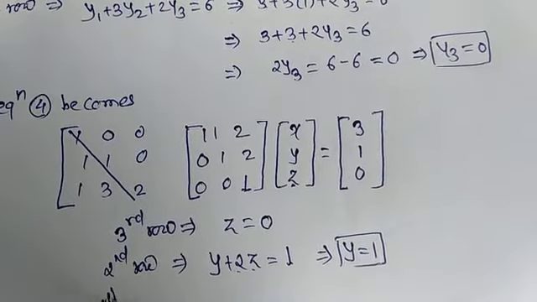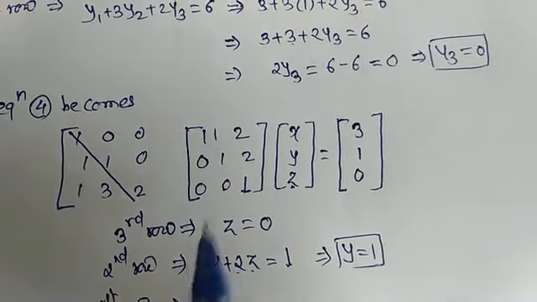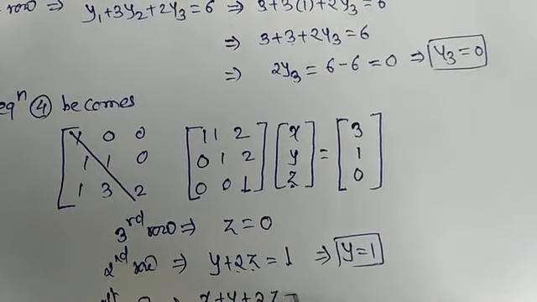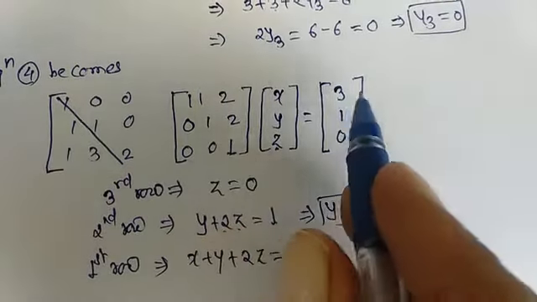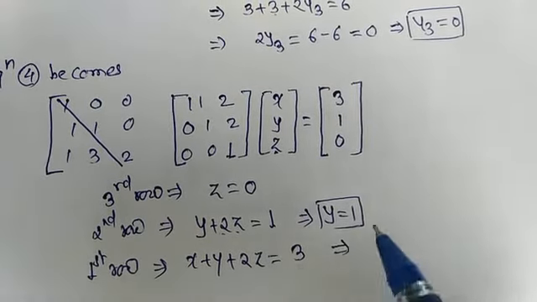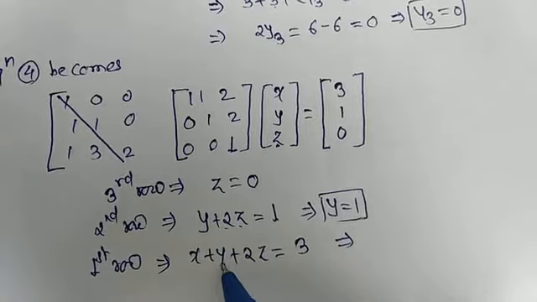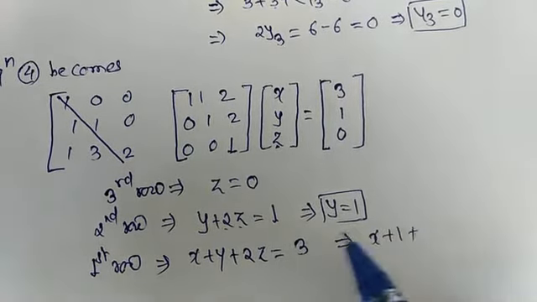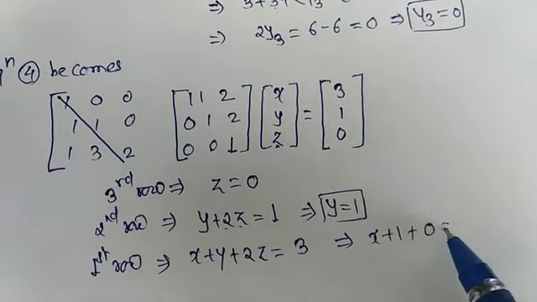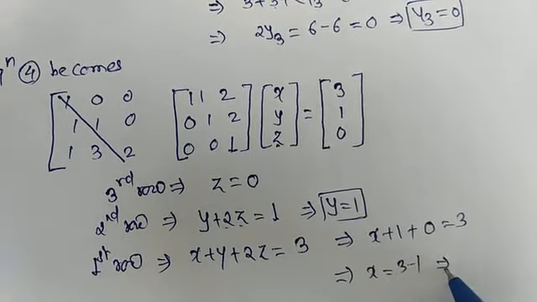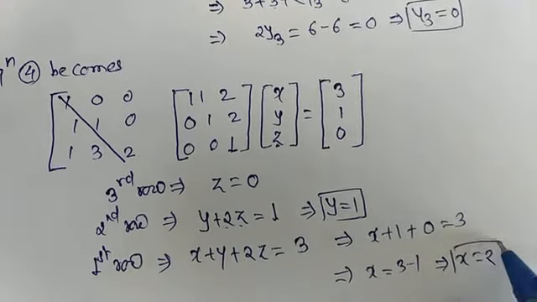And from the first row, x plus y plus 2z is equal to 3. So we put y and z here, and it can be written as x plus 1 plus 2 into 0 is equal to 3, which implies x is equal to 3 minus 1, which implies that x is equal to 2.